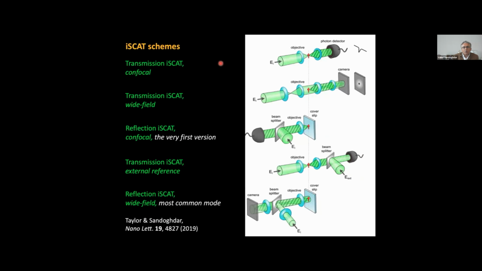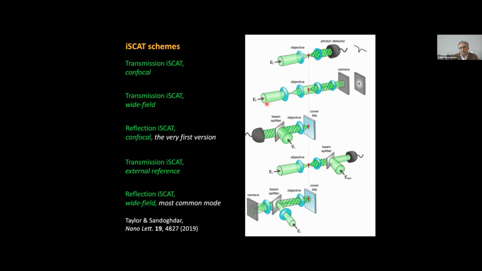Now, in the way I usually define iSCAT, you can have any of these illumination and detection schemes, and it still would be iSCAT, as long as you're looking at a nano object and detecting interference. For example, you could focus your light onto a nanoparticle and do the standard extinction experiment. That would be an iSCAT experiment.